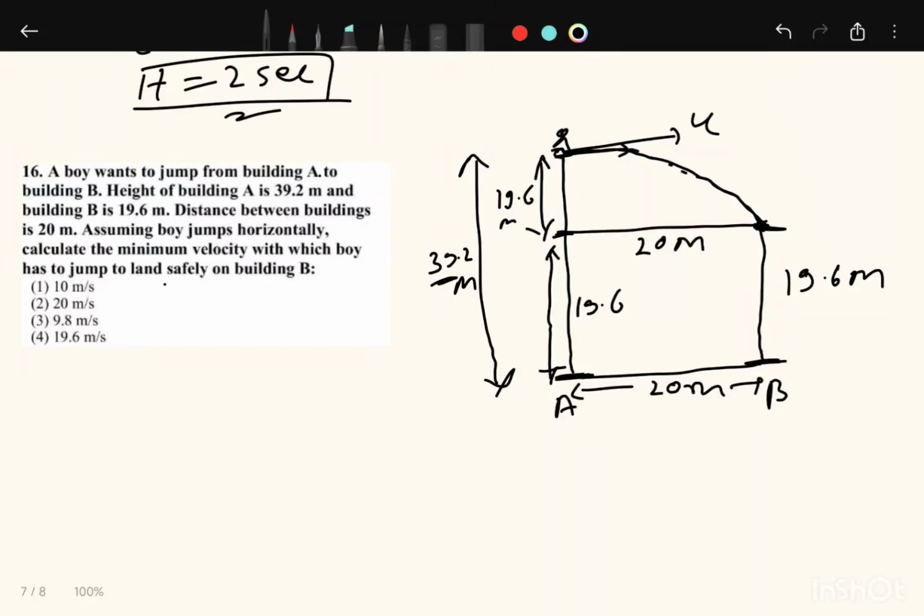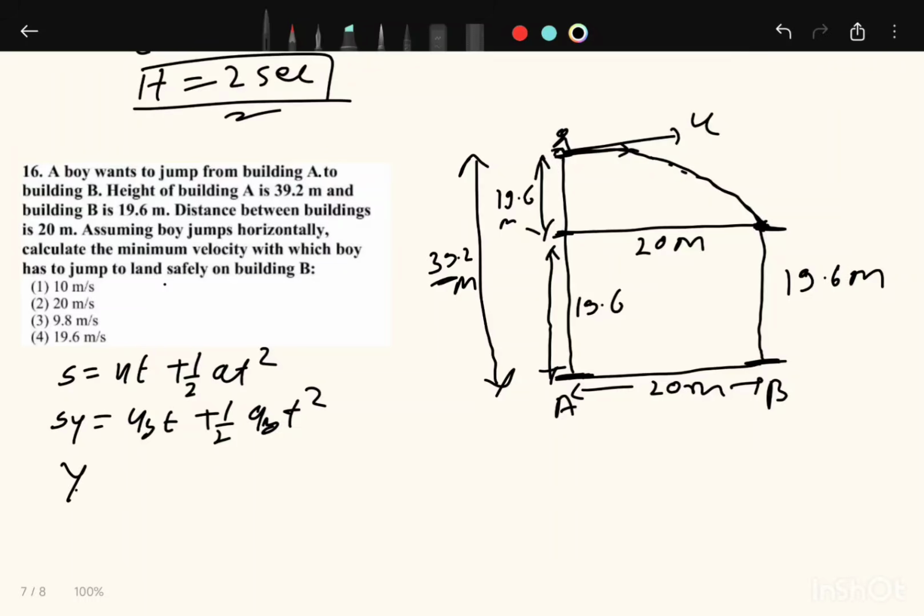So we use the equation of motion, the second equation of motion in the y direction. The second equation of motion is s equal to ut plus half at square, right? In the y direction, it will be sy equal to uy t plus half ay t square, right? Uy is what? Uy is 0 because the initial velocity is only in the x direction.